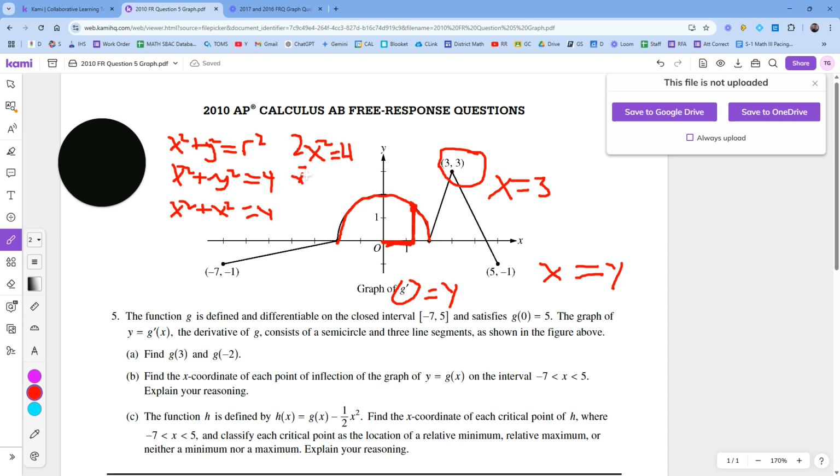So divide by 2, and then square root, and it's only the positive value on that side. So when x is equal to positive root 2, the x and the y coordinate are the same. In other words, this point right here is positive root 2 and positive root 2, right here.